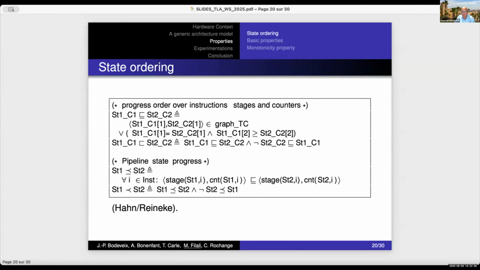And again, this is a partial order, and we define the strictness relation.